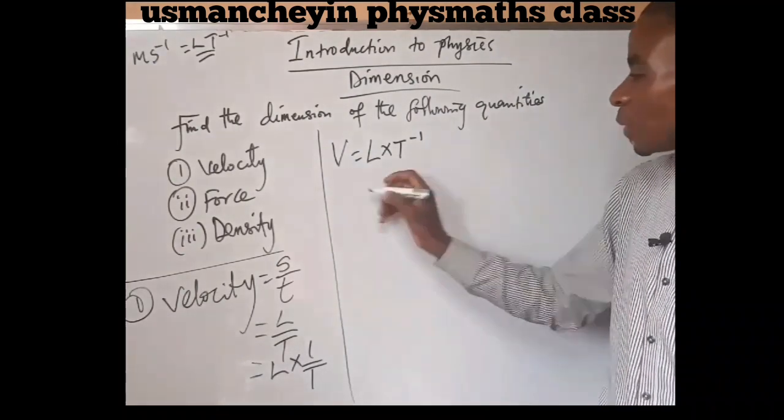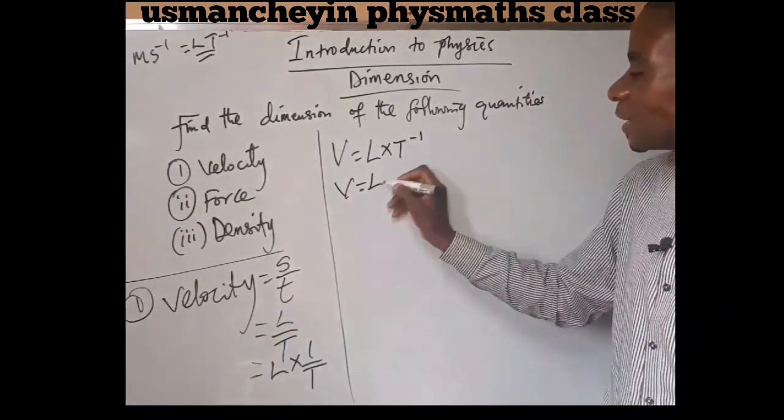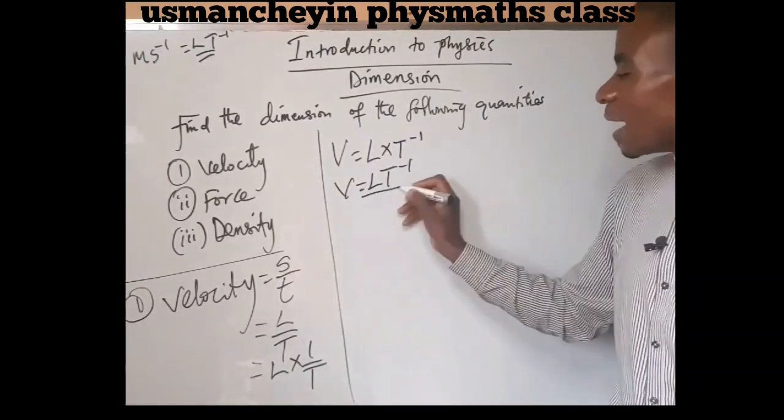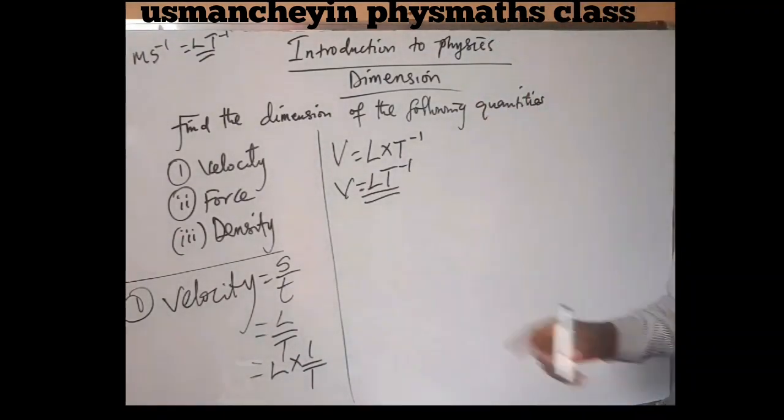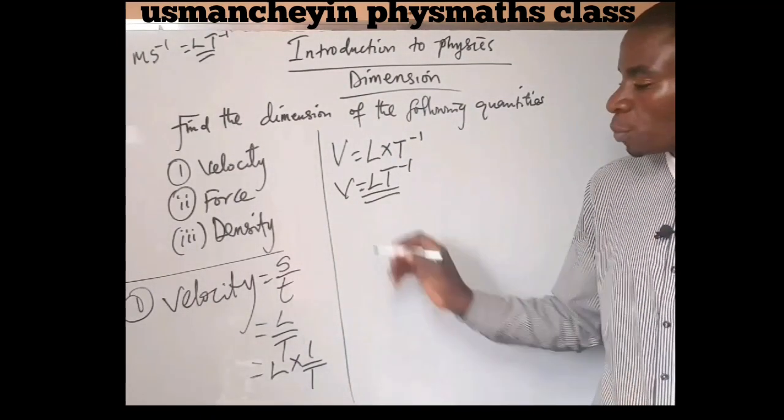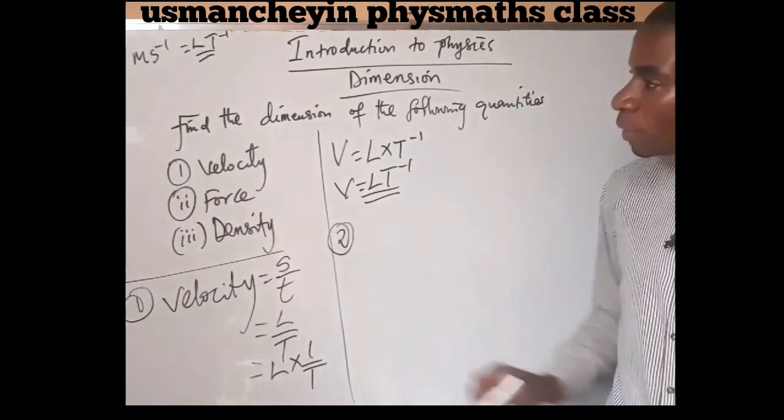When you multiply this, our velocity will be LT minus 1. And this is the dimension of velocity. That is number 1.